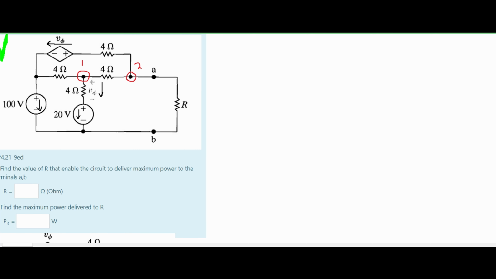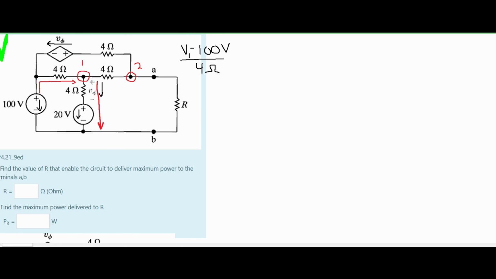Now that that's all set, we can start writing things out. From section 4.2, we can look at our node voltage method, and we know that we have the V1 minus the source voltage. In this case, it's going to be V1 minus 100 volts, and this is all over the 4 ohm resistor. This is this part right here. Next, we're going to deal with the current, and that is going this way.